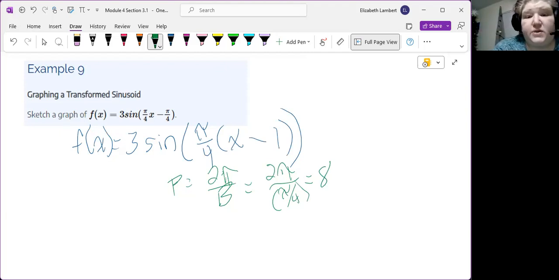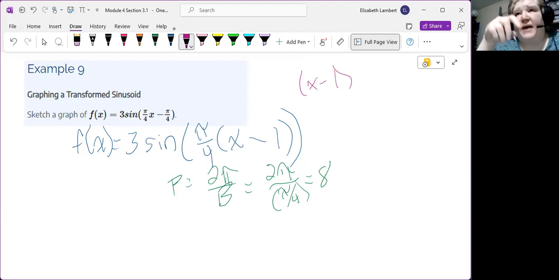We do also, though, have a phase shift. So we have x minus 1. So that means it looks like we would go left 1, so we're really going to go right 1.